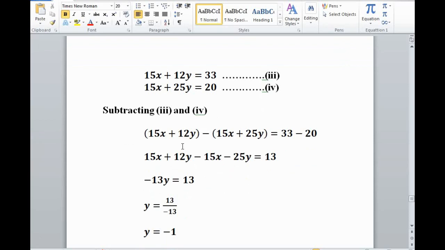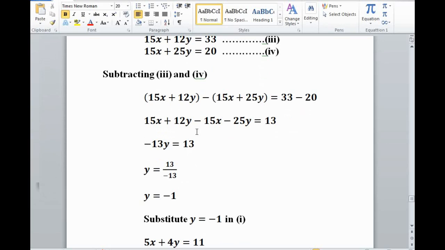Now simplification: 15x plus 12y as it is. Since we have a negative sign, let's multiply this negative sign by the first term, positive 15x, and we get negative 15x, and then minus multiplied by plus 25y gives minus 25y, equals, on the right hand side, we subtract 20 from 33, so the difference is positive 13.